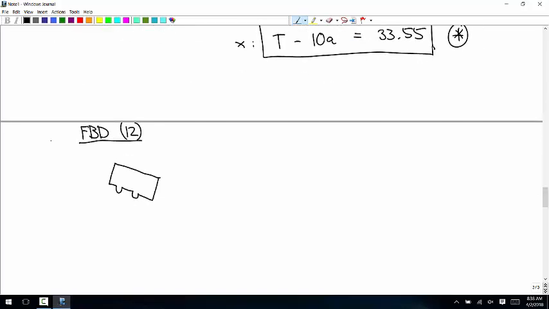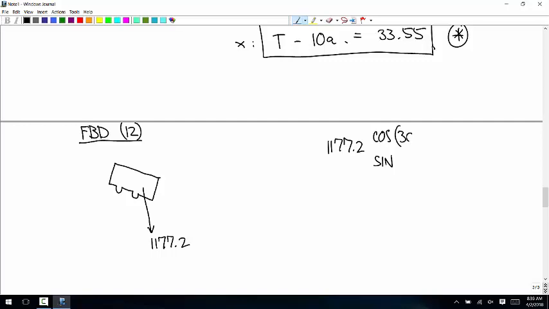Okay, so free body diagram for the 12. There's a downward force of 1177.2, I think. Is that right? 1177.2 times cosine. So what's the angle? This one's 30 degrees, so it's going to be 270 plus 30.